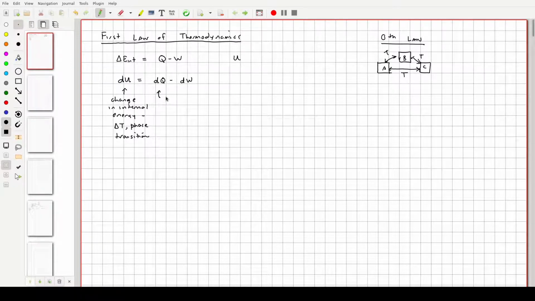dQ is heat added. Really, it's the change in heat. dW is work done on the environment.